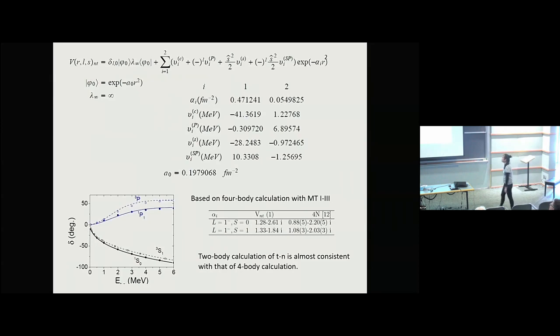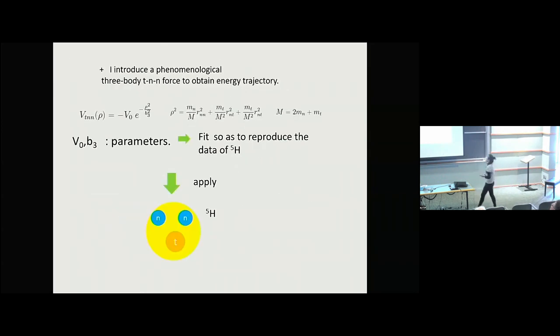In addition, we introduce a phenomenological three-body Tnn force to obtain the energy trajectory of hydrogen 5, defined by this equation. This is a one-range Gaussian potential.